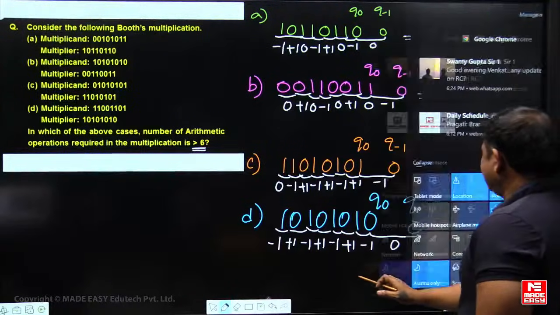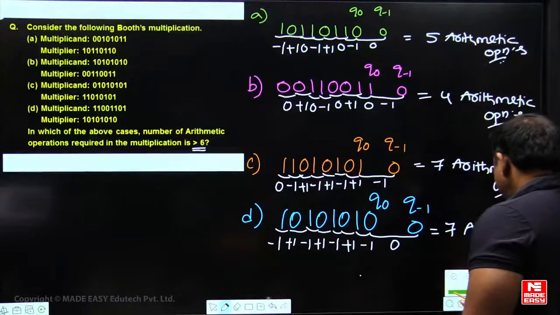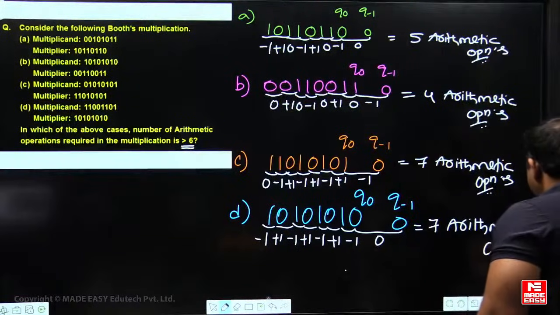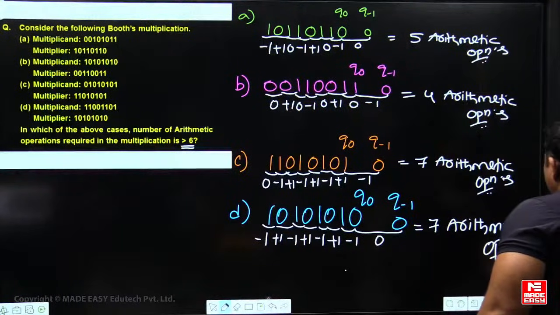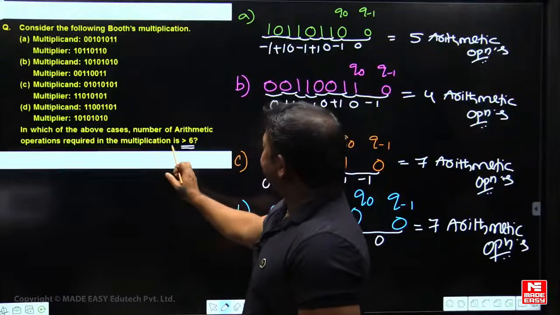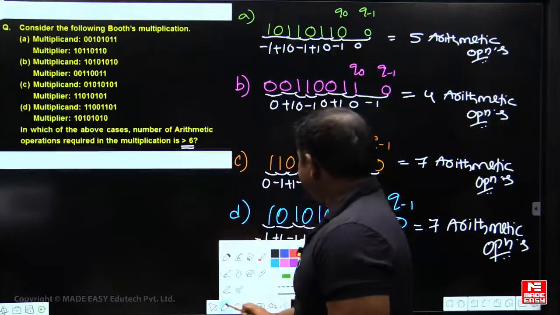What is the question? In which of the above cases is the number of arithmetic operations greater than 6?